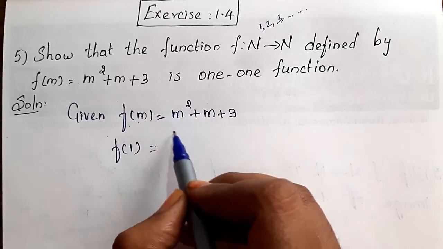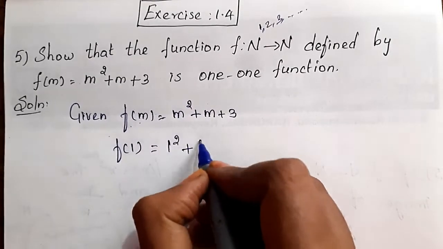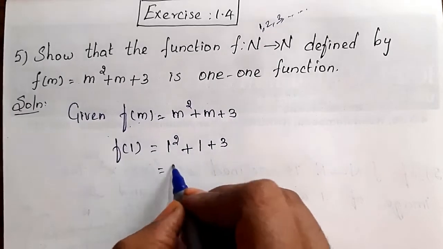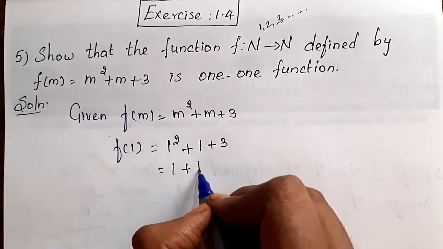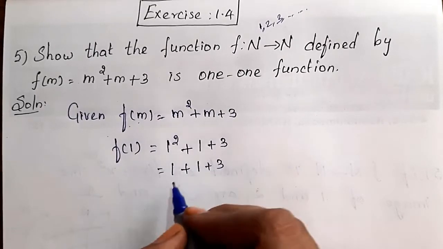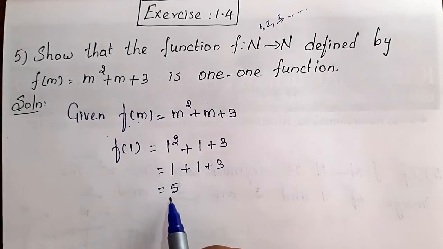In place of m apply 1. So 1 square plus 1 plus 3. 1 square is 1, plus 1 plus 3, that is 5. So 1 goes to 5.